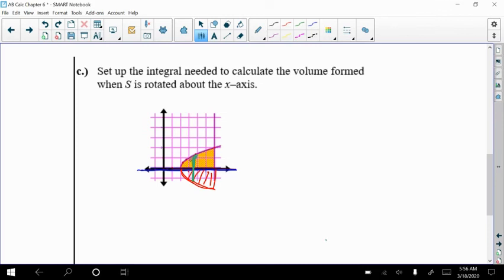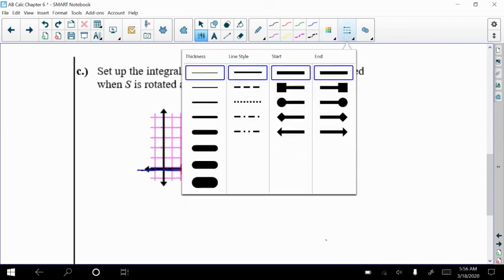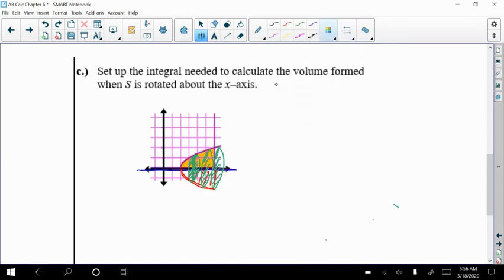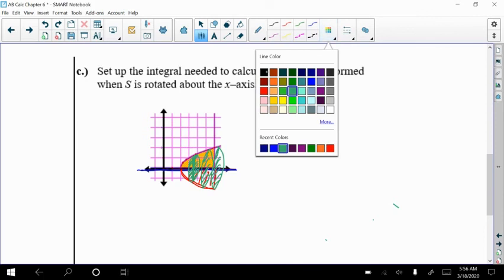So when I rotate this to get this disk, it's just going to be a completely filled in circle. So when I'm taking away my inner radius, the inner radius is actually going to be a value of 0.